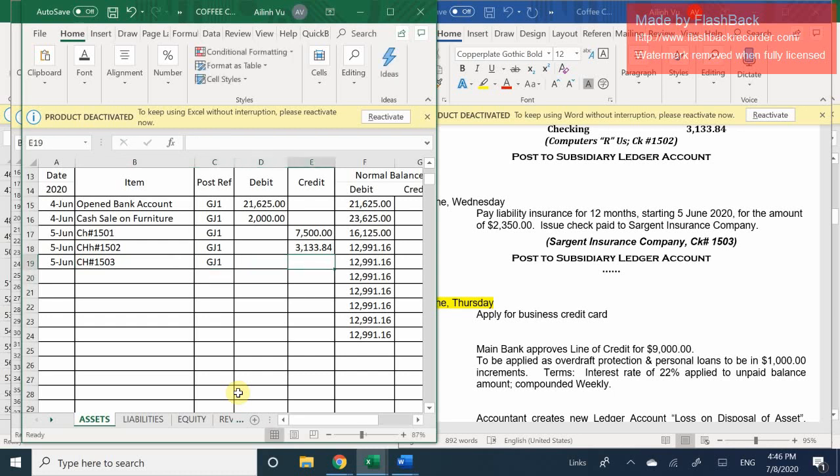I wrote a check out for 2,350. So what is my new balance in my checking account as of right now? $10,641.16. Yes. Okay.